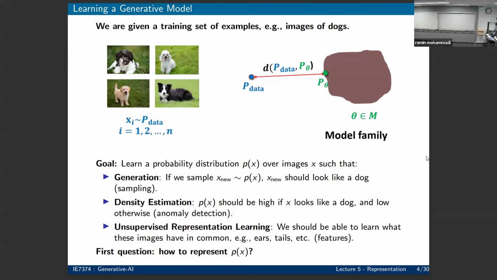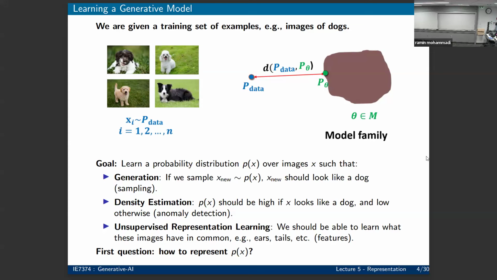You select a model from there, and that model has some parameters, and the distribution you learn over those parameters we call P of theta. Then we have the distance between, which becomes the learning.